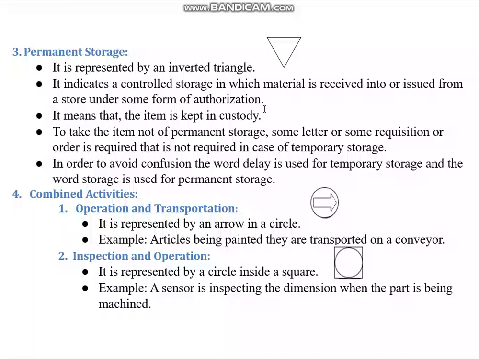It means the item is kept in the custody of the storekeeper, so only if you give him a requisition slip, he will give it. Normally, the temporary storage or the delay may be a few minutes.